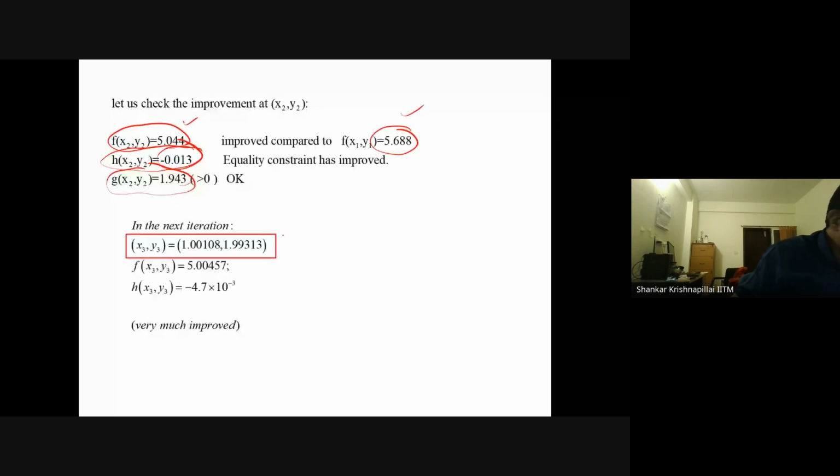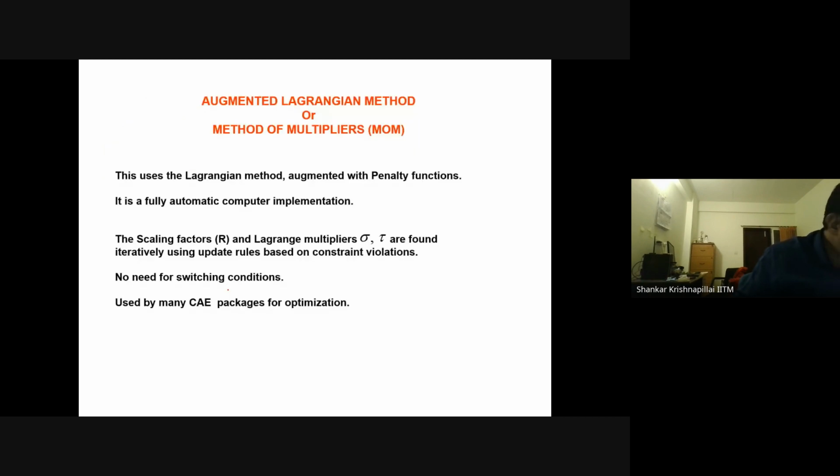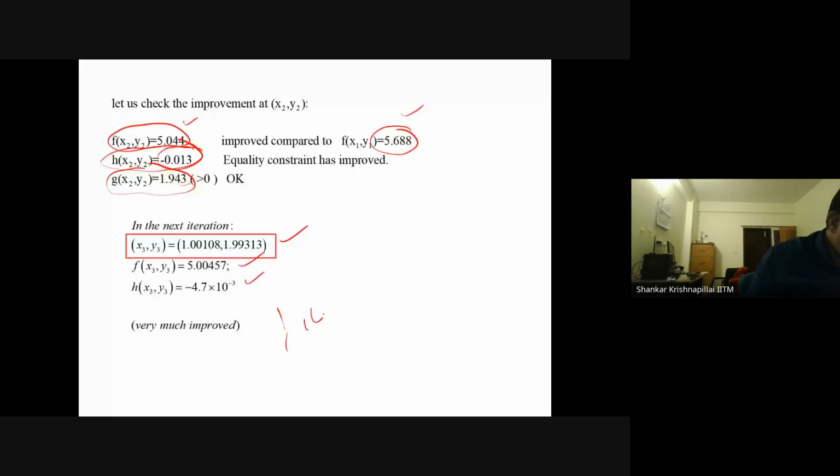And the inequality constraint value is still positive, that is 1.943. Then in the next iteration, you get x3, y3 equal to 1.001 and 1.99. You can check the objective function value and the constraint violation, so things have improved. Finally, after some more iterations, convergence is obtained.